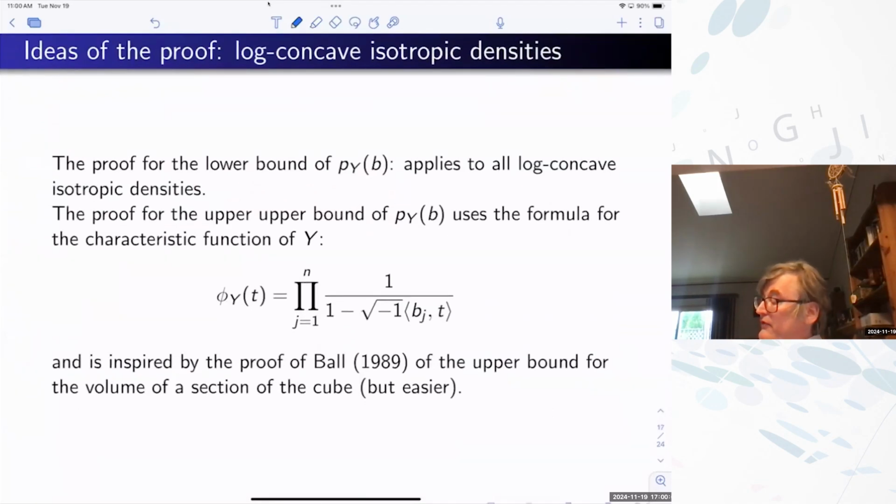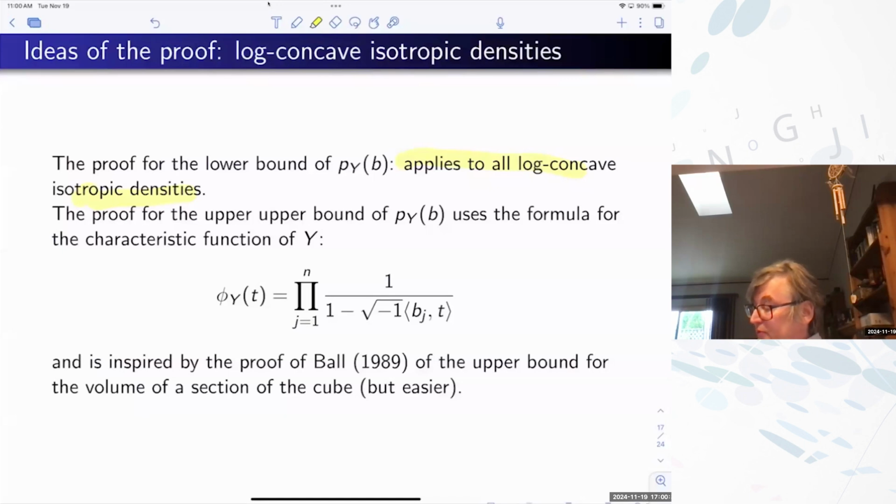And so the lower bound for that density applies to all log-concave isotropic densities. The upper bound: if the slicing conjecture had been proved, then we could have just borrowed the upper bound from there. But since we have something like log instead of a constant, we needed to do some work.